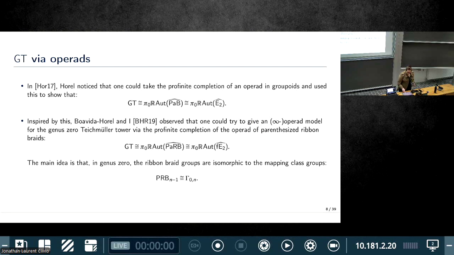So we use infinity operads to model a genus 0 version of this Teichmüller tower. This used ribbon braids as a stand-in for the mapping class groups, because the pure ribbon braid group on n-1 strands is isomorphic to the genus 0 mapping class group with n boundaries.